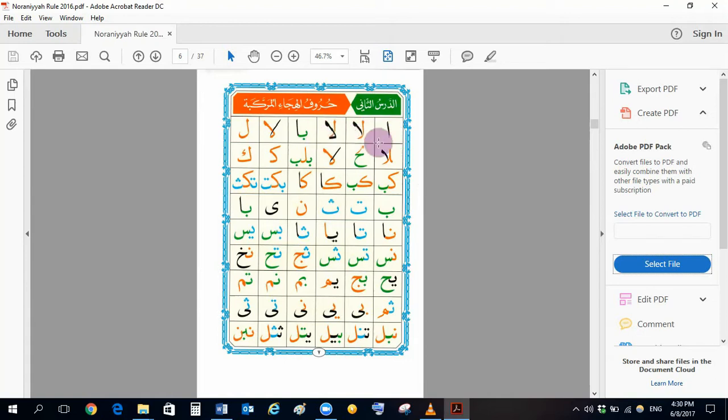The same thing when we mentioned with the first lesson, I should pause after saying what is in that box, like alif, then lam alif. So I say lam alif together. I don't say lam and then I stop and say alif, or here for instance ba and then lam ba like this.